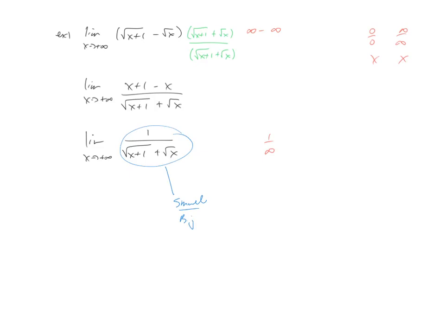Anytime you have something small over big, as you go to infinity, that ratio then limits at 0. That's the same idea that we discussed when we were talking about even horizontal asymptotes, for that matter. The small over big ratio at infinity would always give you that 0 quantity.